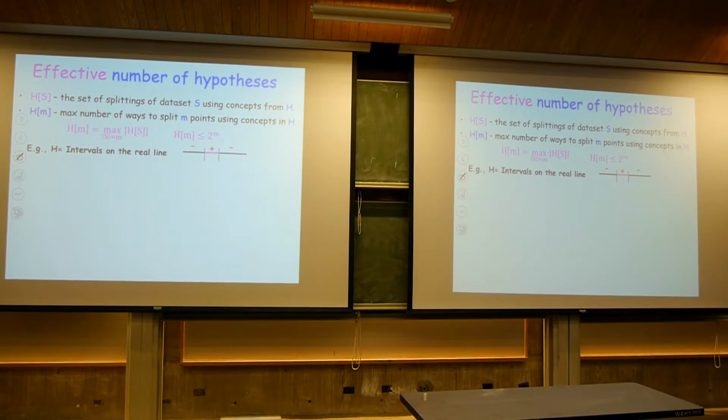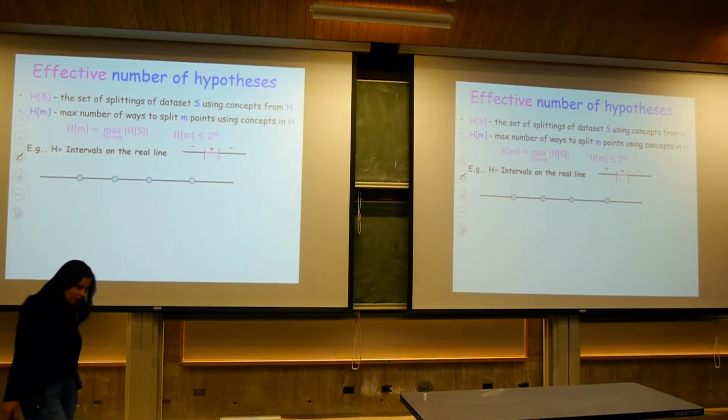Okay, let's look at a different example. Let's think about intervals on the real line. So now the concepts look like this: everything inside is plus, everything outside is minus.